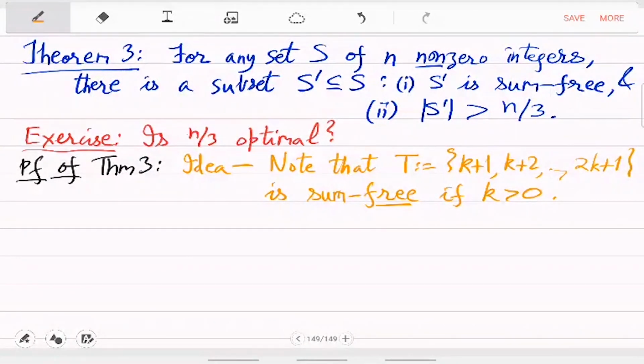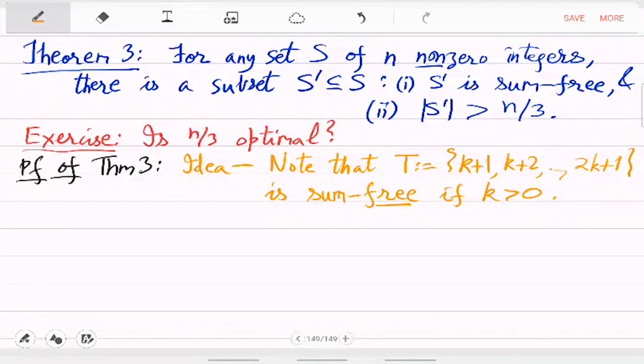So for example, k equal to 1 gives you 2 and 3. So this is sum free. And in general, k plus 1 when added to itself gives you 2k plus 2, which actually goes outside the set T. So that's the problem: when you add two numbers, it becomes too large, including k plus 1 with itself. So this is clearly sum free.